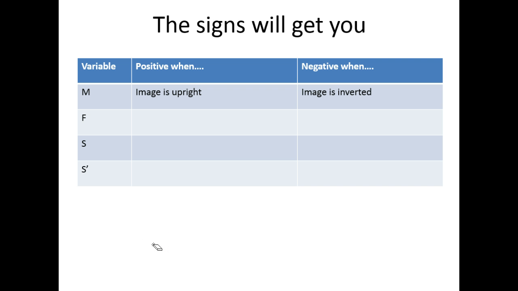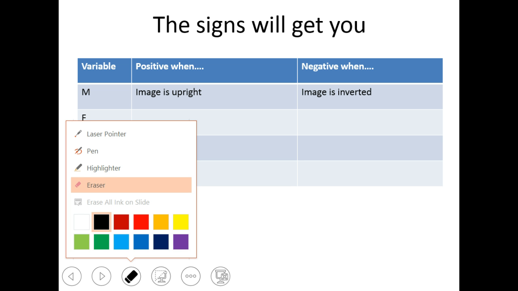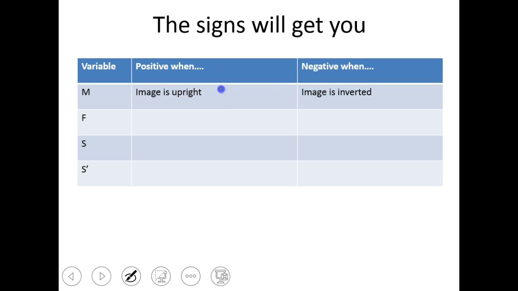So the magnification is positive if the image is upright, and the magnification is negative if the image is inverted or upside down from that regular object, right? And so this means that the object is upright and the image is upright, object is upright, and image is inverted. So when this situation happens, the magnification gets a negative number.